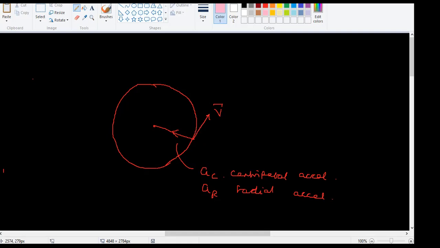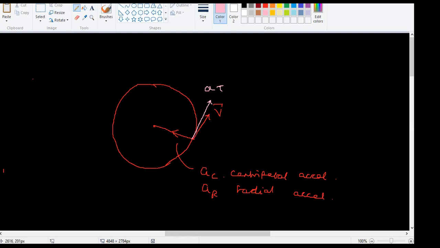So if I want to increase the speed, the force should be in the same direction. If I say force F is equal to ma, acceleration and force are in the same direction. So this is your AC and then the AT, which we are going to call tangential acceleration. The tangential acceleration is what is going to increase the speed.